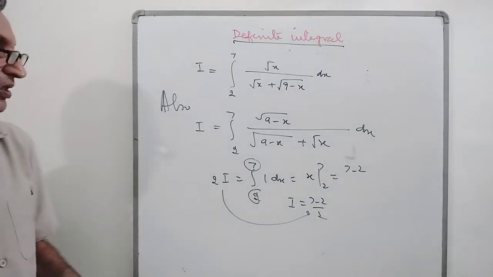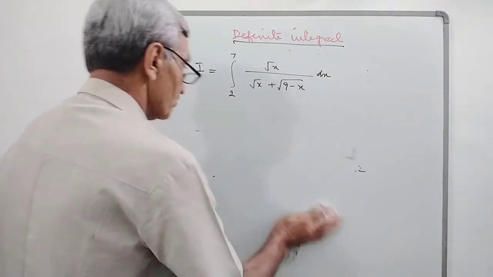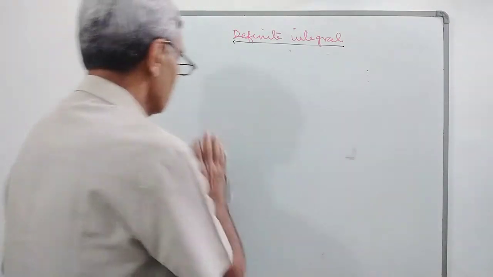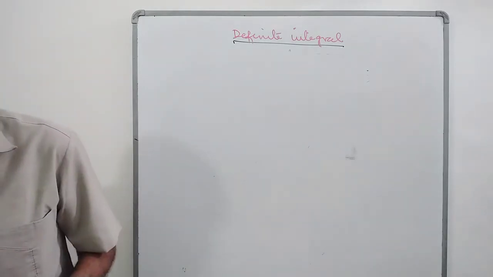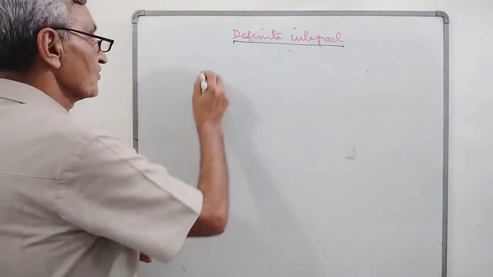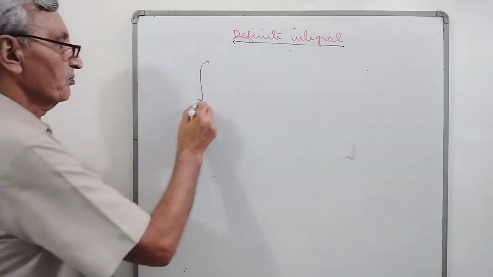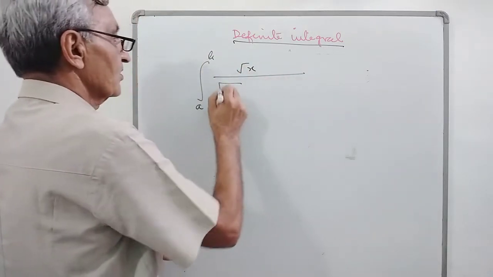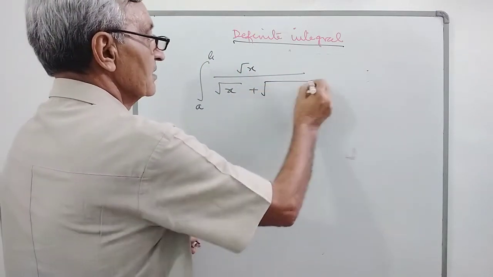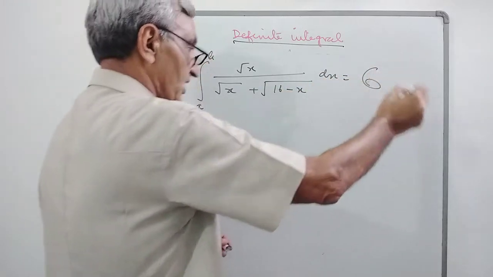Let me do one question and ask you. Let me use this intelligent question here. Well, I got this question here. The integral from a to b of this, plus the under root of 16 minus x, into dx has the answer equal to 6.